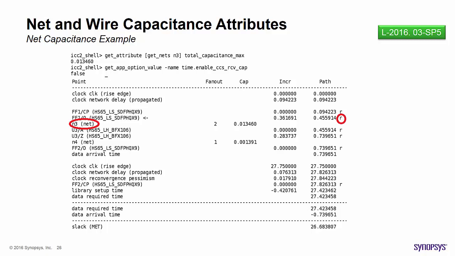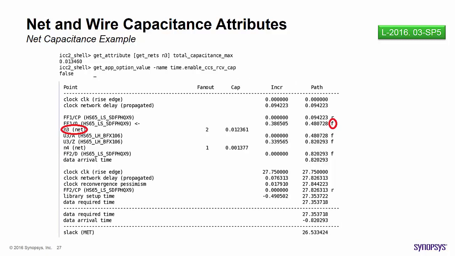This is the example with the CCS receiver model not enabled. Total capacitance max is 0.01346, which is consistent with the timing report with the rising edge here. However, timing report with falling edge shows smaller values than 0.01346.